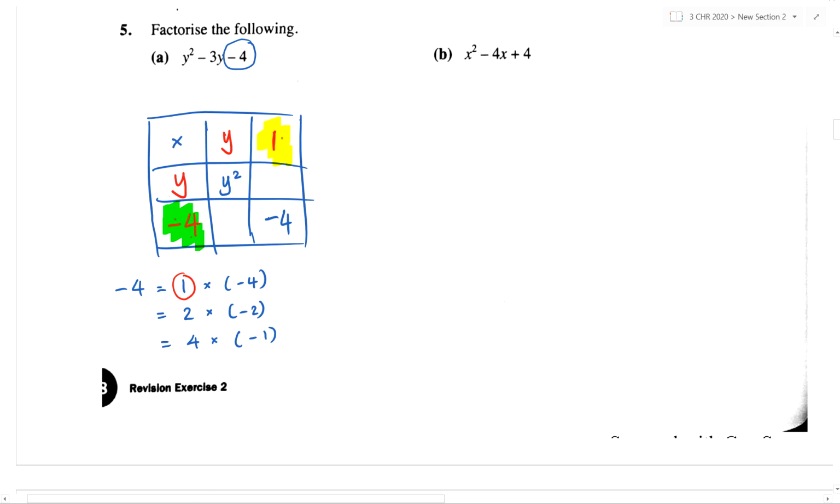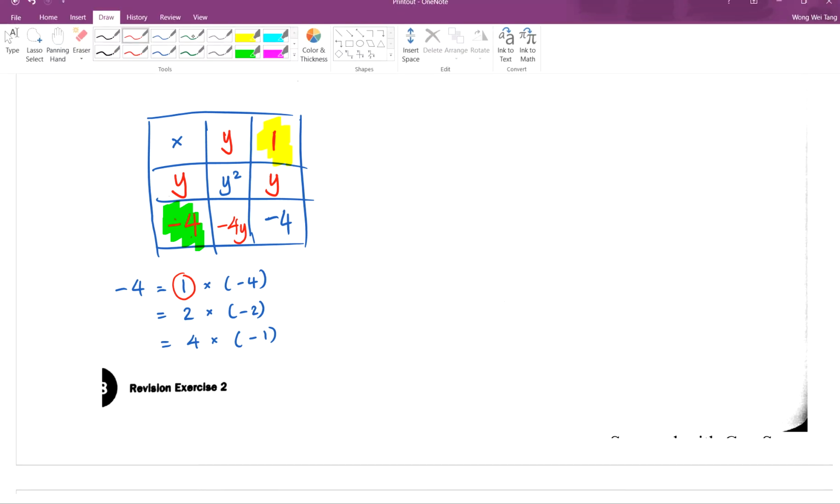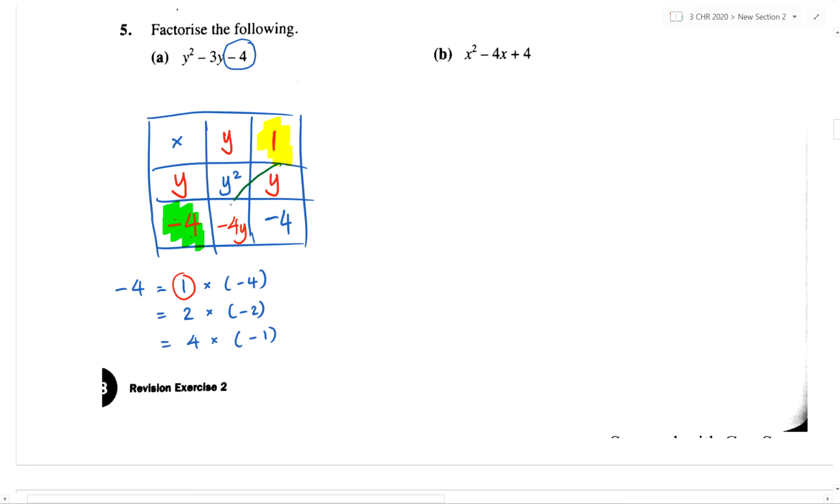So 1 times y gives us y over here. Then next, -4 times y gives us -4y. Our next step is to add up these two values, -4y plus y. That results in -3y, which is what they wanted.